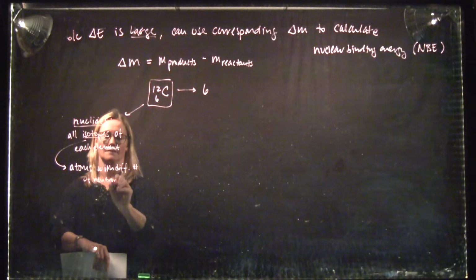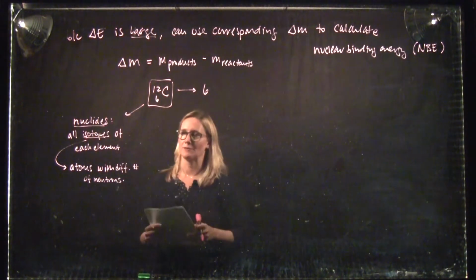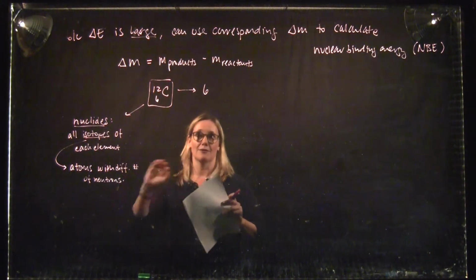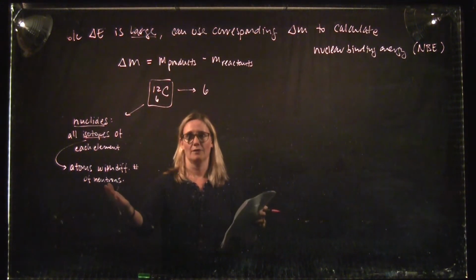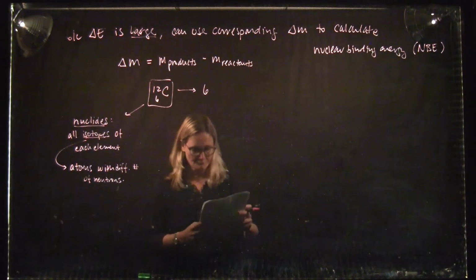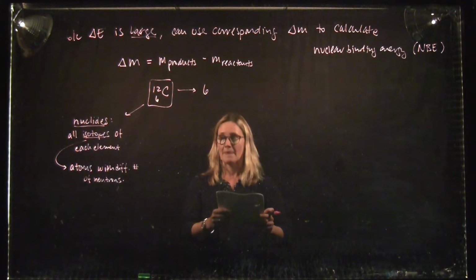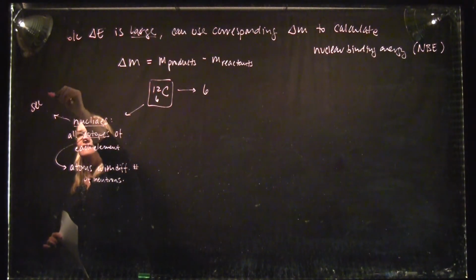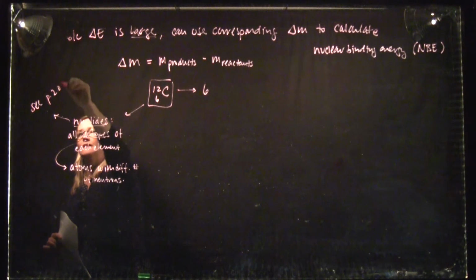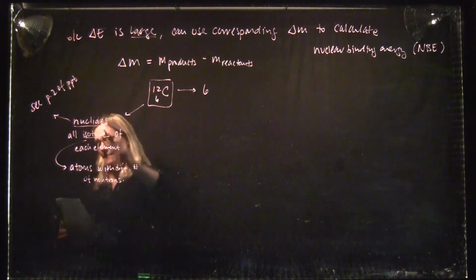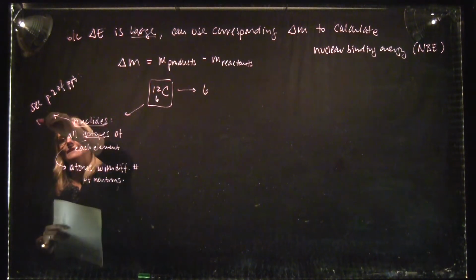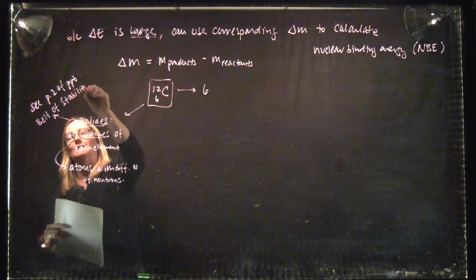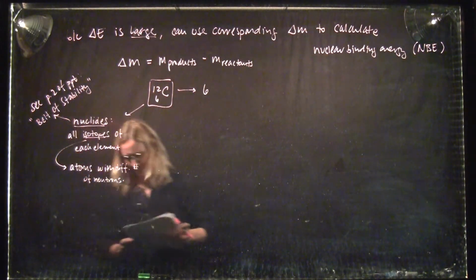And so what that means is this carbon-12 nuclide is also the 12 isotope of carbon. We can also have a 13 isotope of carbon, which would have one more neutron in the nucleus. To see an example of this, see page 2 of the lecture PowerPoint, which shows the belt of stability, the so-called belt of nuclide stability.